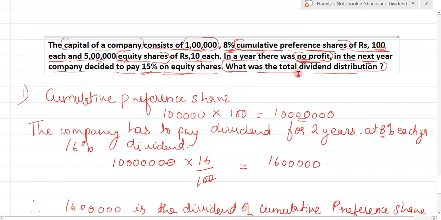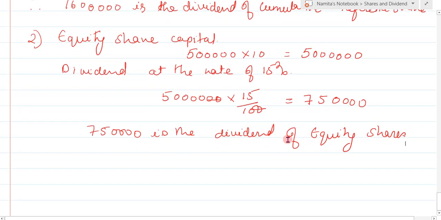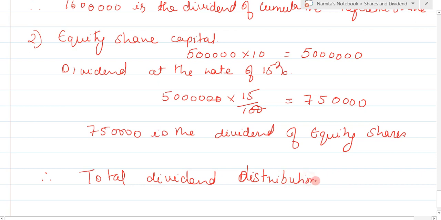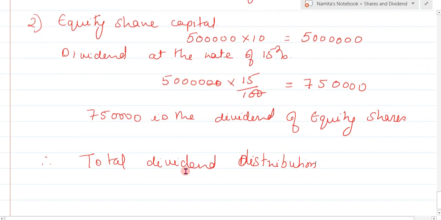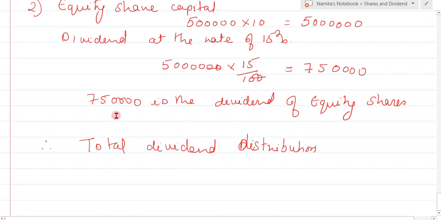Okay, now what is the last thing we have to find? We have to find the total dividend distribution. Third, therefore total dividend distribution is, that is cumulative dividend is how much? 16 lakhs and equity share dividend is 7,50,000.